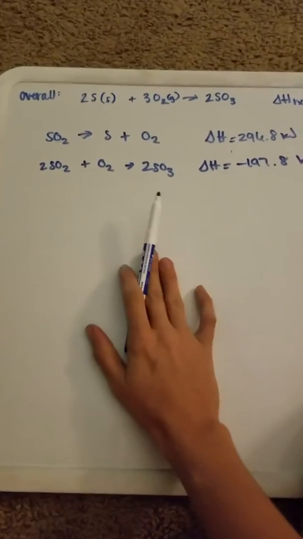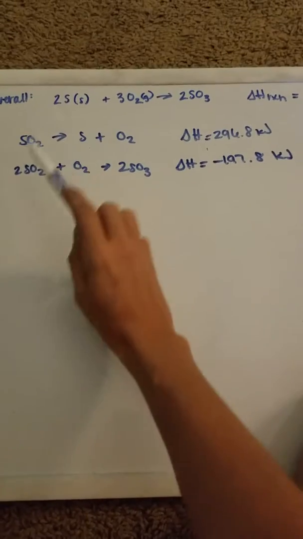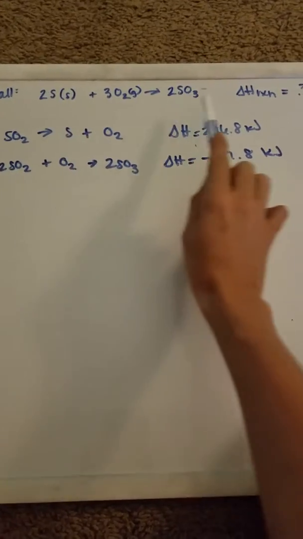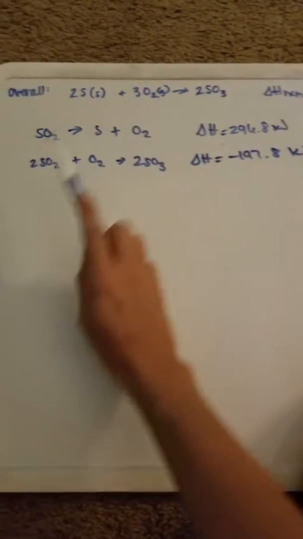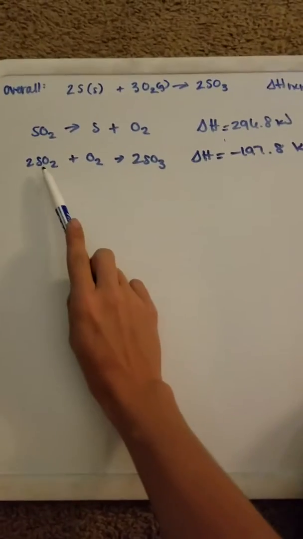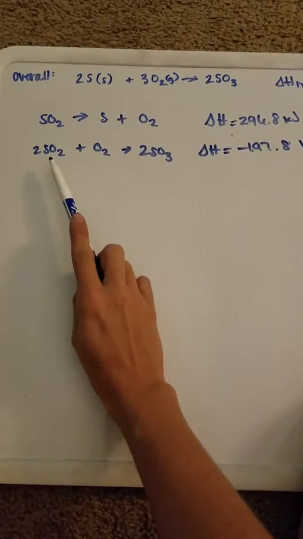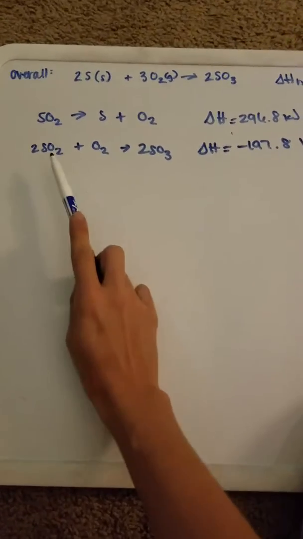So the first thing that I see whenever I look at this is I have an SO2 in my subreactions, but I don't have an SO2 in my overall reaction. So I know that that is going to cancel out. In order for it to cancel out, these SO2s have to be on opposite sides of the equation, which right now they're not.